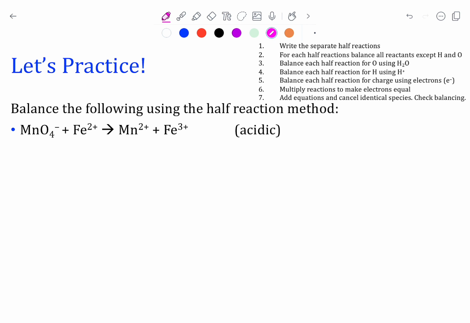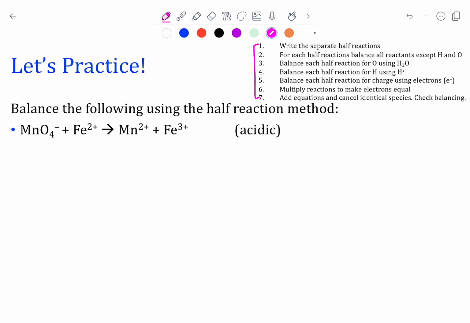So here, we want to balance the following using the half reaction method. These 7 steps are the half reaction method. We have MnO4 minus reacting with Fe2+, creating Mn2+ and Fe3+.